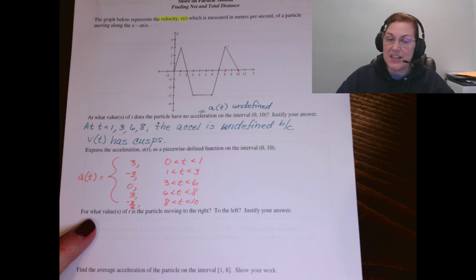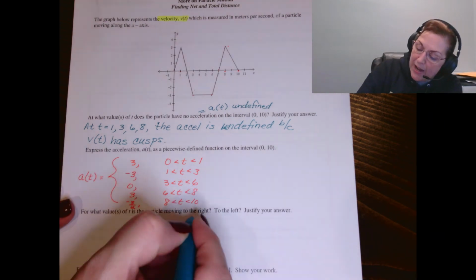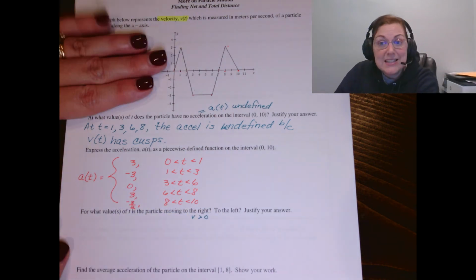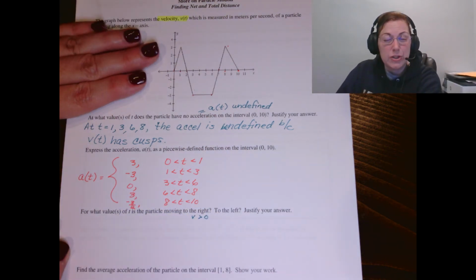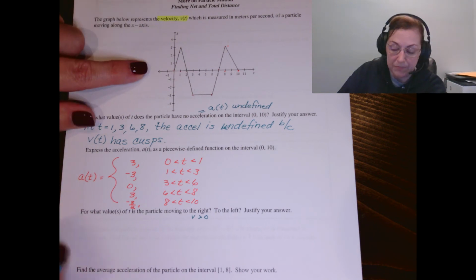Look at the next question. For what values of t is the particle moving right? So we know particles move right when the velocity is positive. This is the velocity graph, so when you're asking me about the velocity, I'm looking at the y values here.